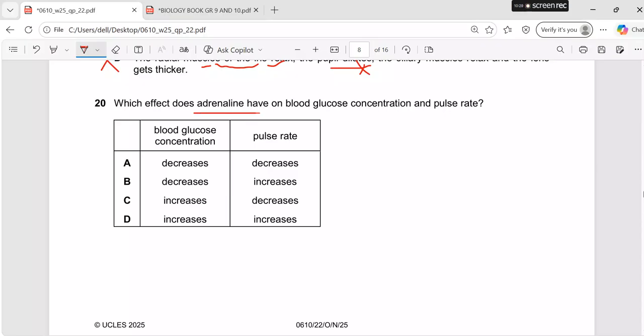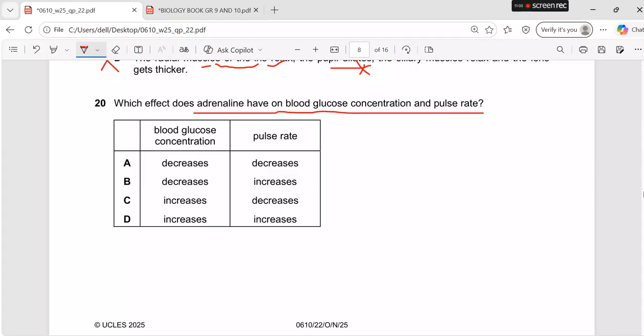This should be a super easy question for you, my dear. Why? Because adrenaline actually increases your heart rate, your pulse rate, and your blood glucose concentration, because it is produced in stressful, dangerous or unusual situations. So your blood glucose concentration should increase, of course.